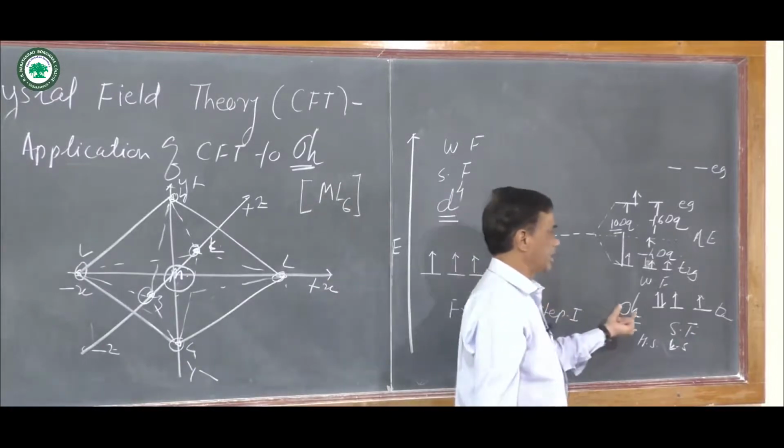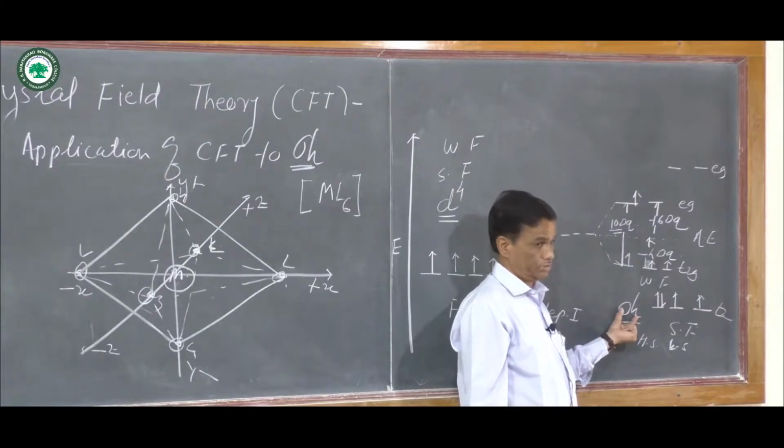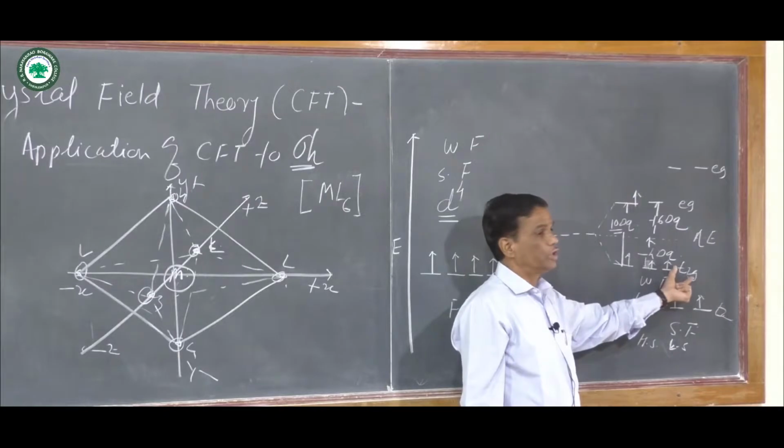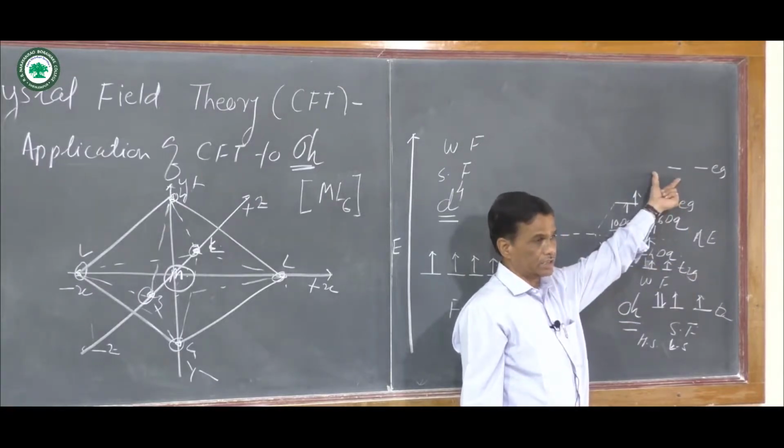And in octahedral arrangement, it is represented as Oh. This means octahedral field. In the octahedral field, T2g is at the ground state and Eg is at the excited state.